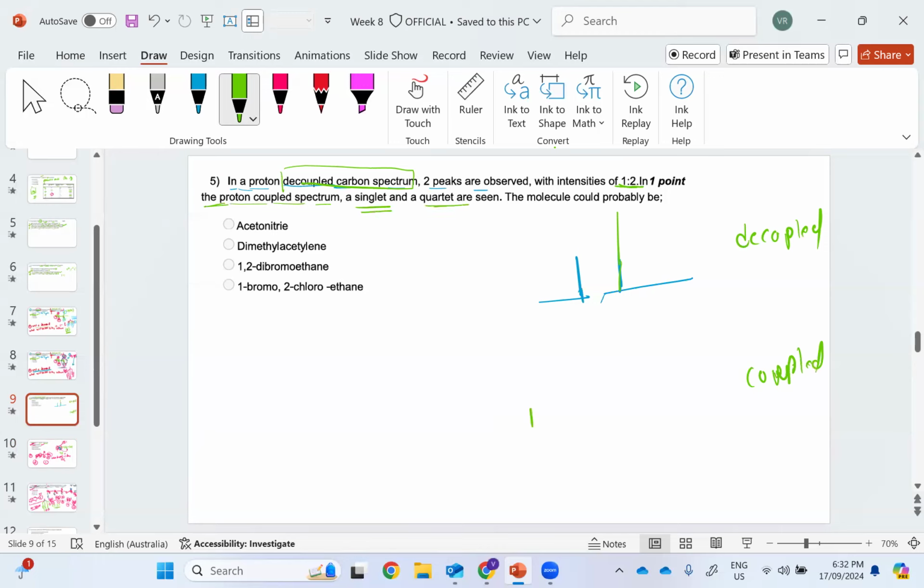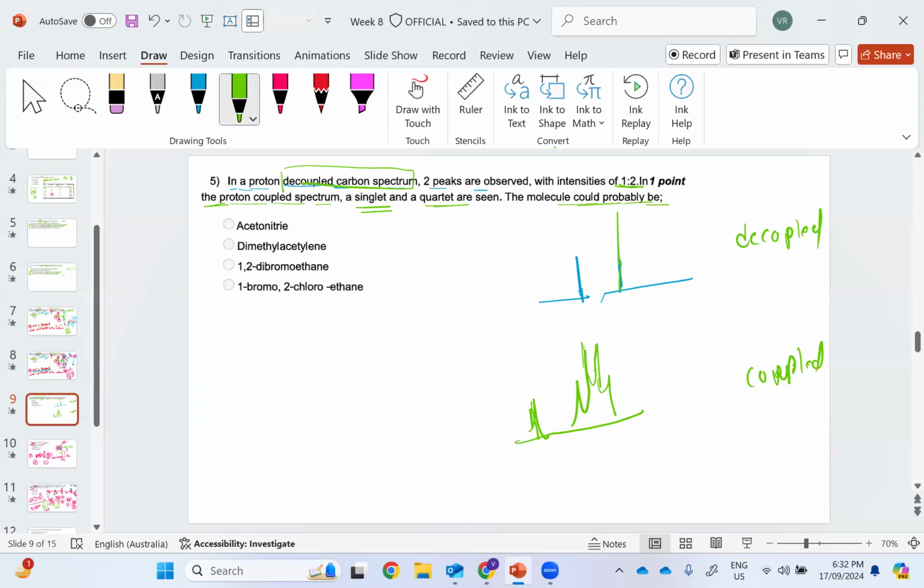So it shows a singlet and one quartet. The quartet has the intensity obviously 1:3:3:1, right? And here one singlet. So like this, the molecule could be probably.